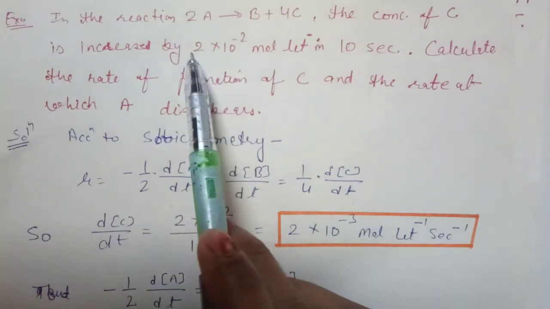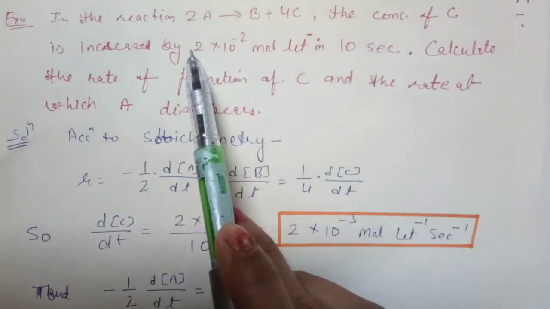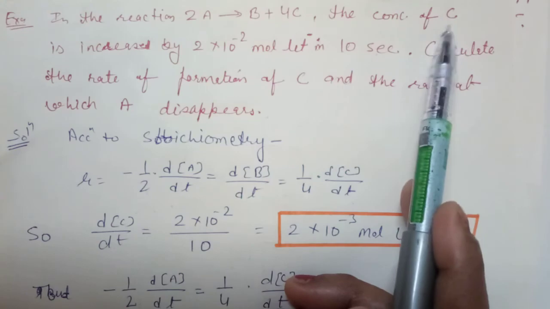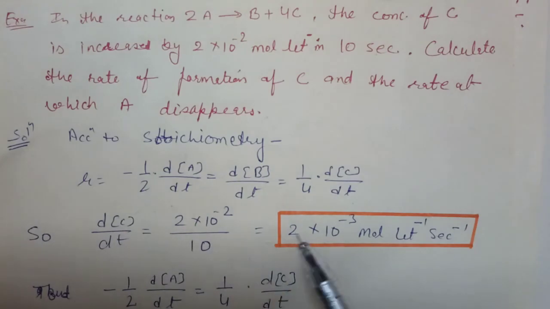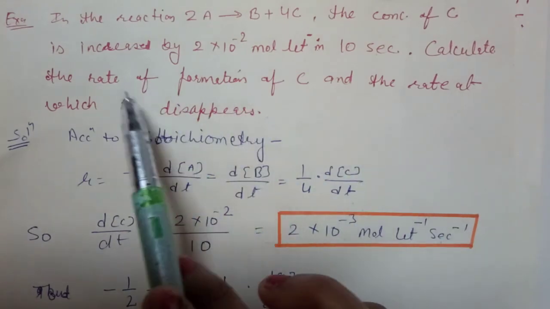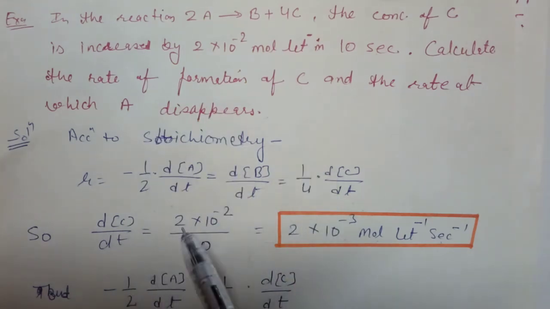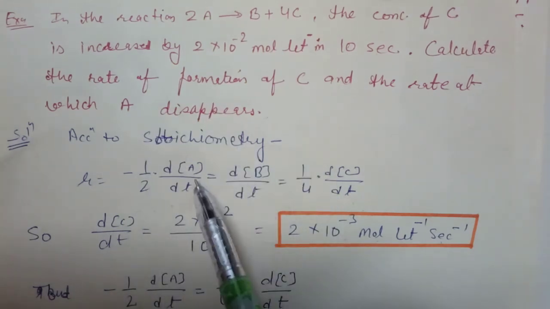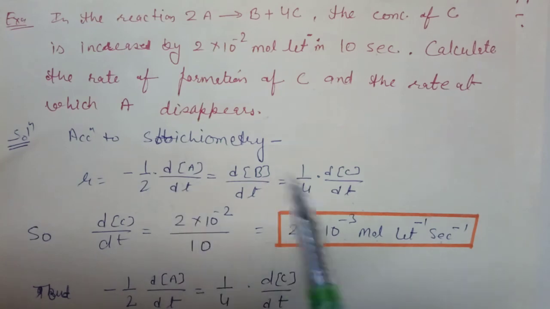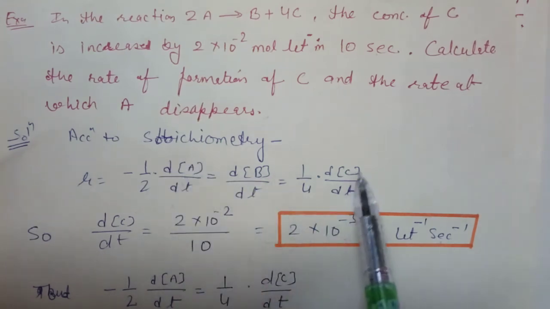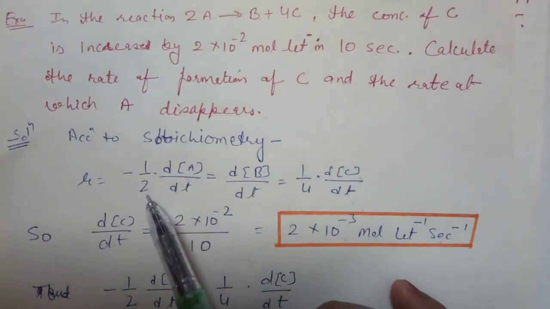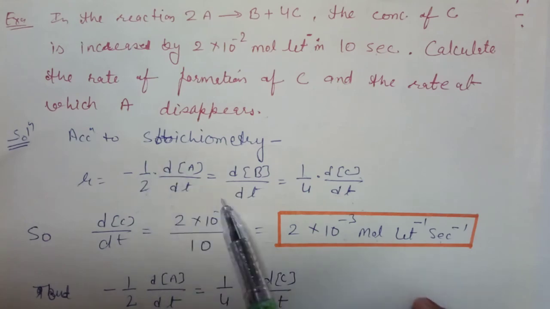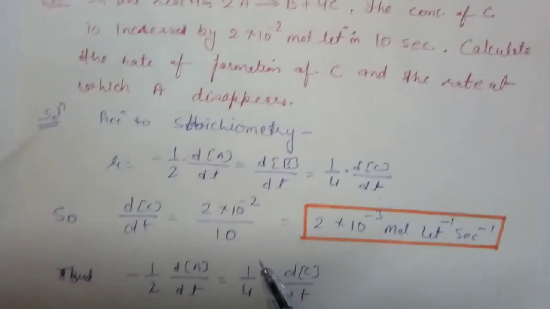First, according to the change in concentration, the rate of formation of C, dC/dt, will be equal to 2 into 10 to the power minus 2 upon 10, which means 2 into 10 to the power minus 3 moles per liter per second. It is the rate of formation of C. Clear? Now we have to calculate the rate of disappearance of A. We write the relation between dA/dt and dC/dt: 1 upon 2 dA/dt is equal to 1 upon 4 dC/dt.